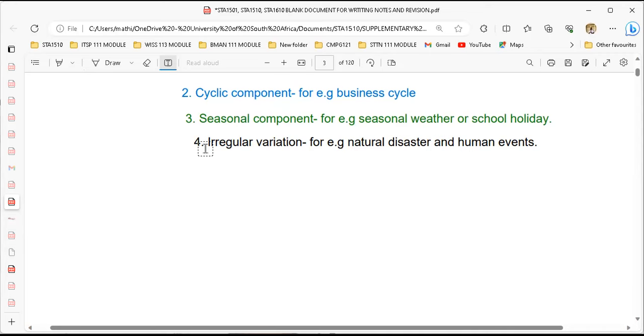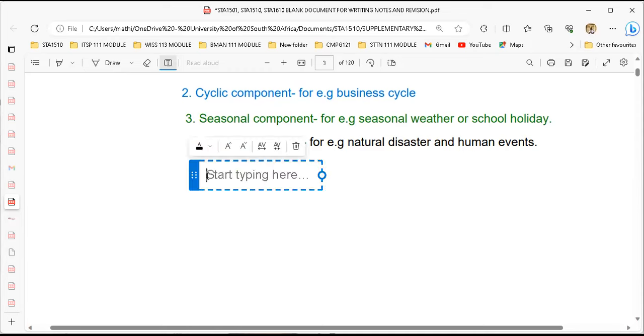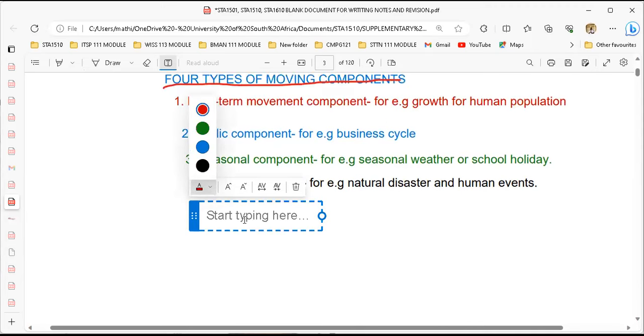And then again, we have this formula, which is for the additive model. Meaning we have the 2 types of time series model.